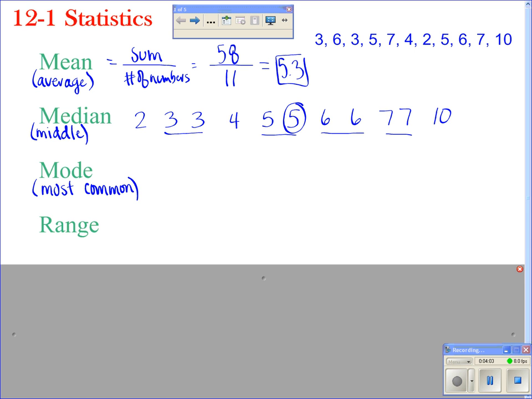So we have 3, 5, 6, and 7 as the mode. Range, what are we doing? Max minus min. So for this range of numbers, we get 8. That tells you how far your numbers are spread out.